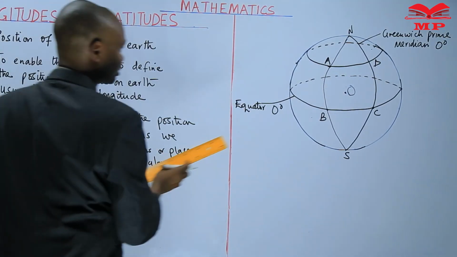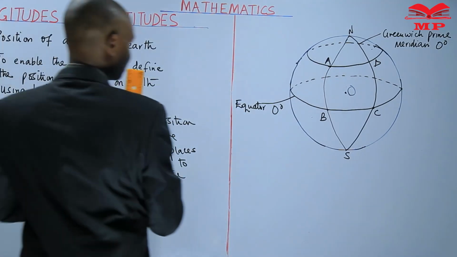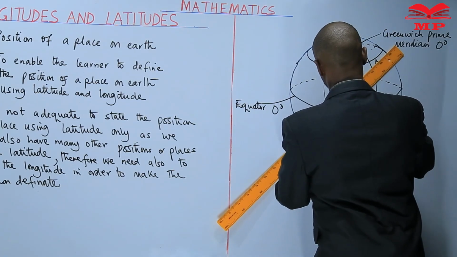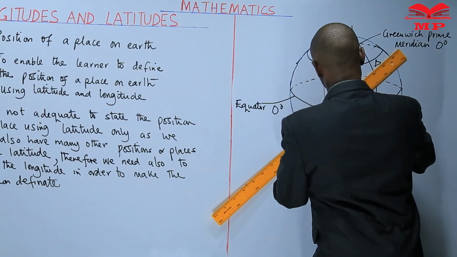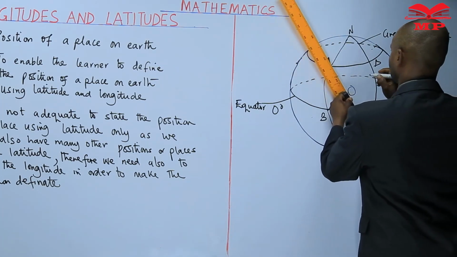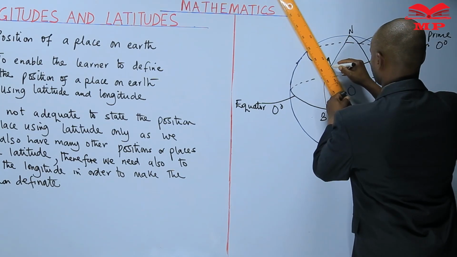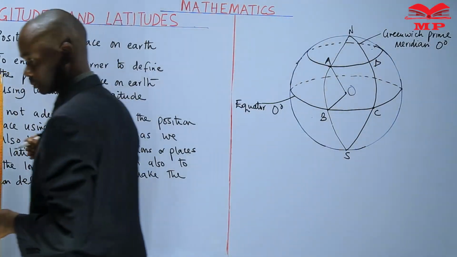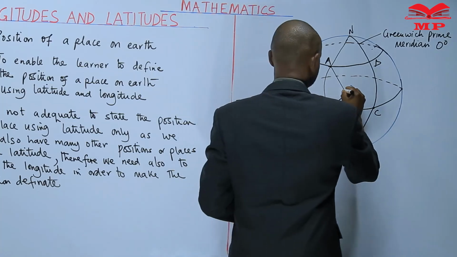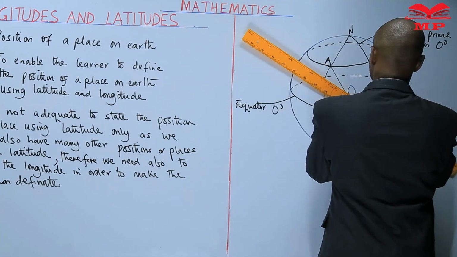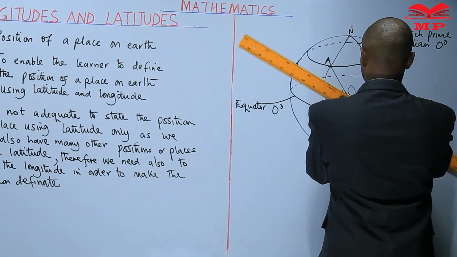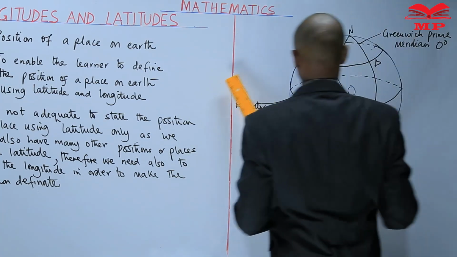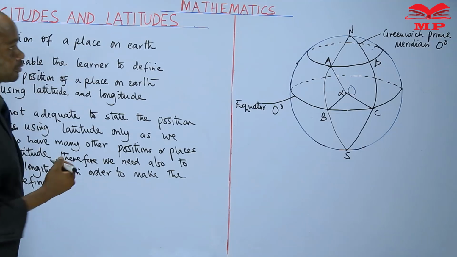So I should give the angles. We have the angles theta and alpha. So with that, I have 4 positions.